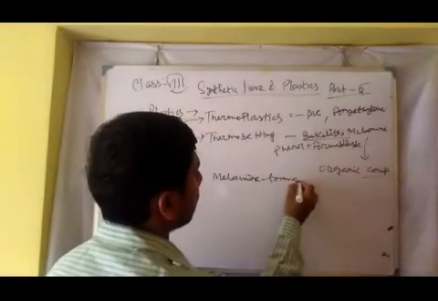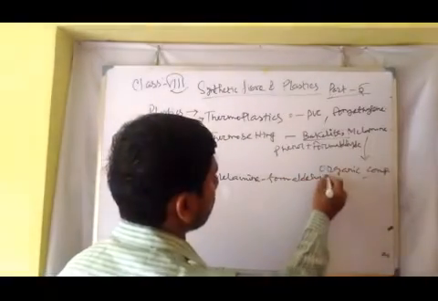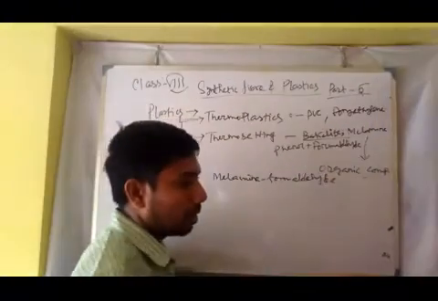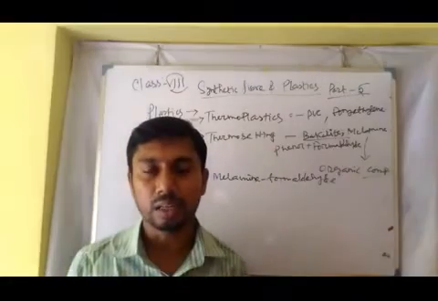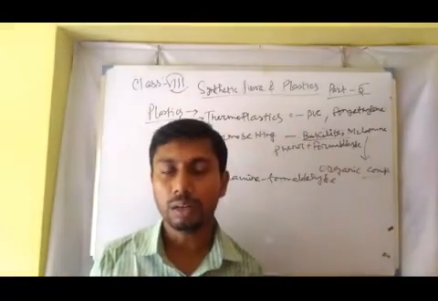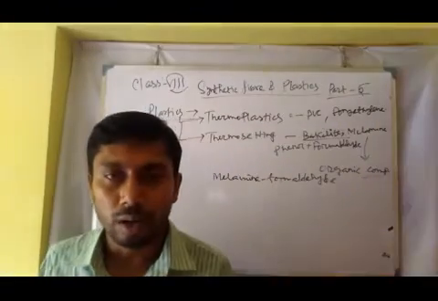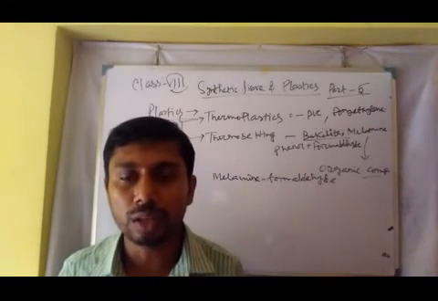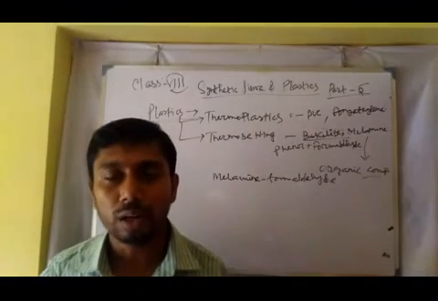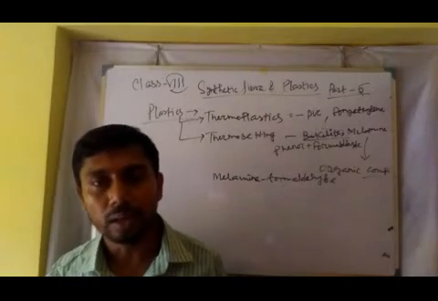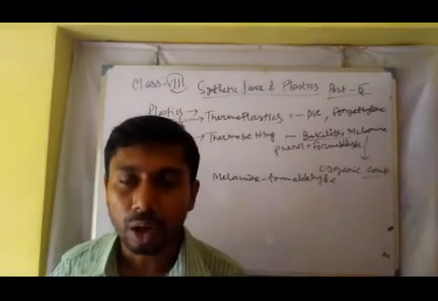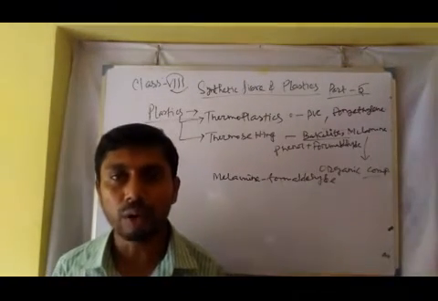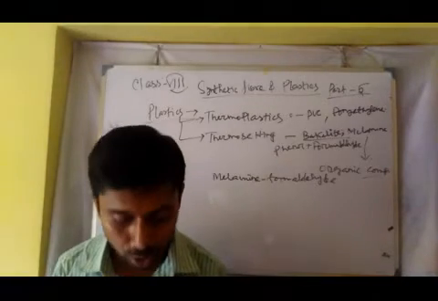Melamine formaldehyde polymer is used as an additive in cement mixture. That means it protects concrete, making it less water consuming or less water retaining, and the strength of the concrete is more and durability is also more.